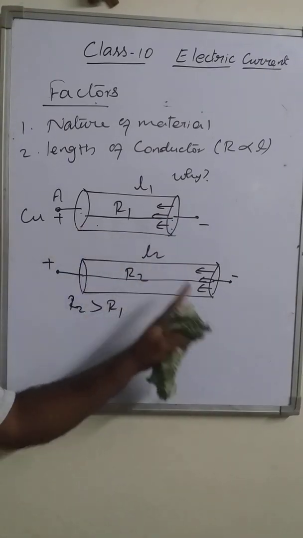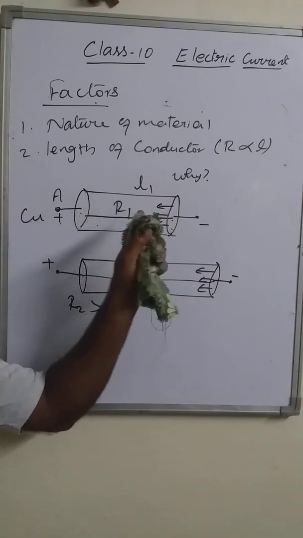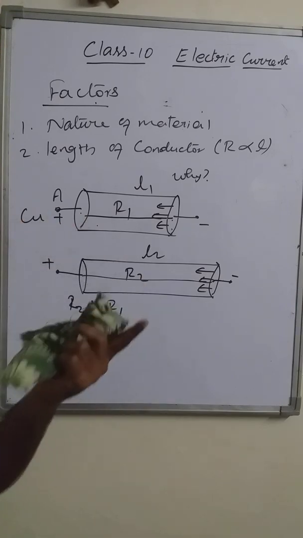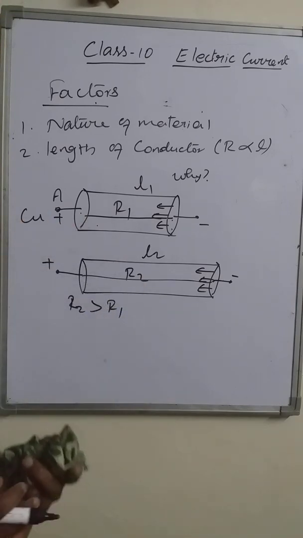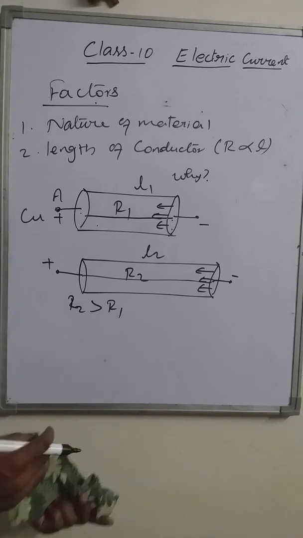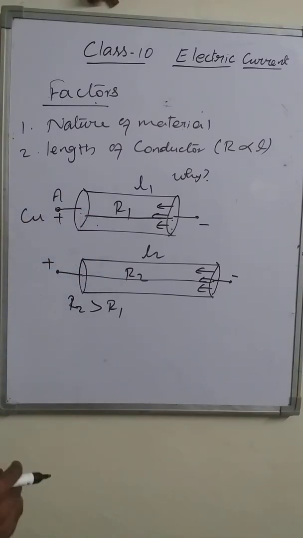As the length of the path traveled by every electron increases, they will collide with more positive ions. If the number of collisions increases, then the opposition increases, so the resistance also increases.